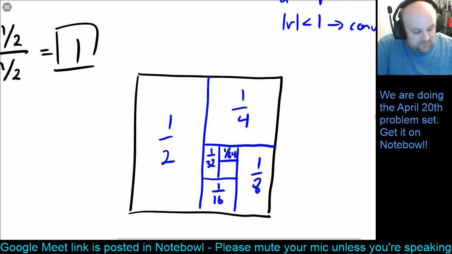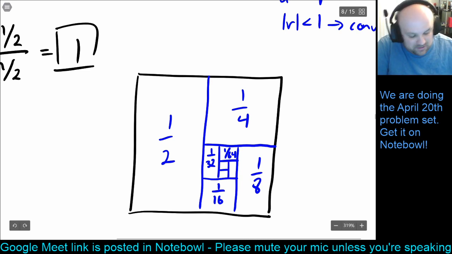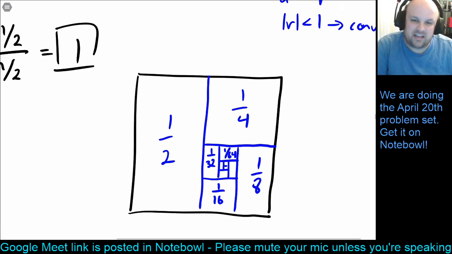But if you kind of imagine what's going to happen as you go forward here, you keep cutting in half and in half and in half and in half, and eventually you're going to fill in that entire table, right? It's going to take forever, literally, to get that last little speck of it. But this is a pretty interesting concept here, right?